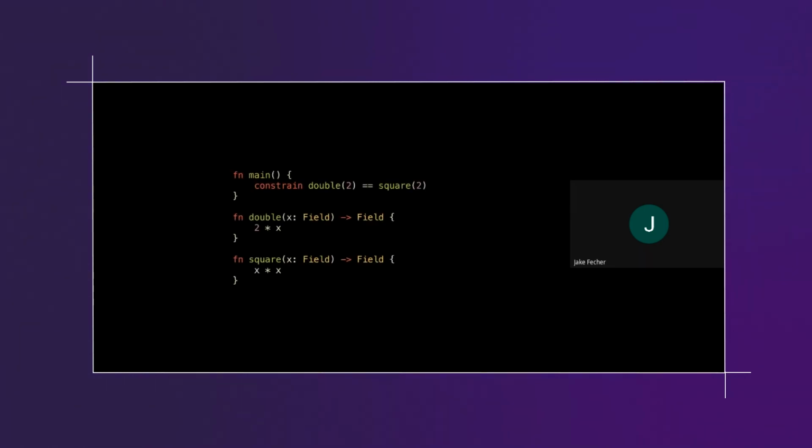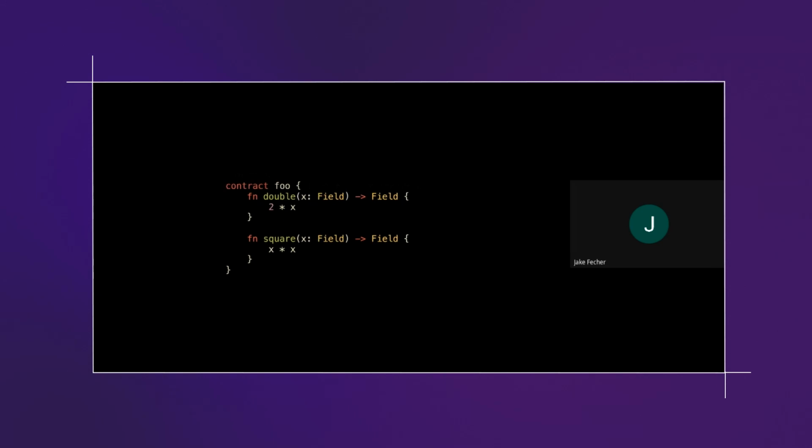So here we start with a normal main function in Noir, accompanied with double and square helper functions, and this is normal Noir code that you would see today. If we wanted to wrap this in a contract, we'd simply introduce this new contract keyword and put the functions that we want inside of the contract inside of these curly braces.